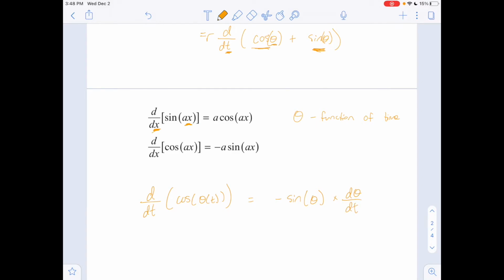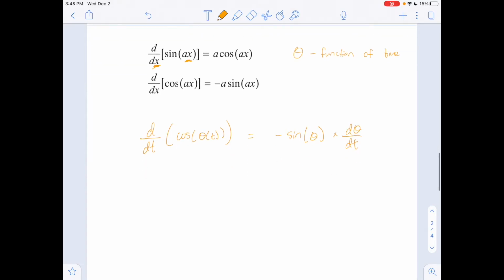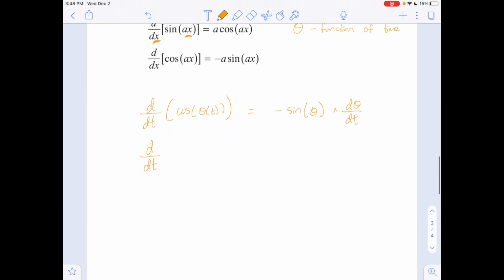It's the derivative of theta with respect to time. And the derivative with respect to time for the sine function is going to equal cosine of theta times the derivative of theta with respect to time.